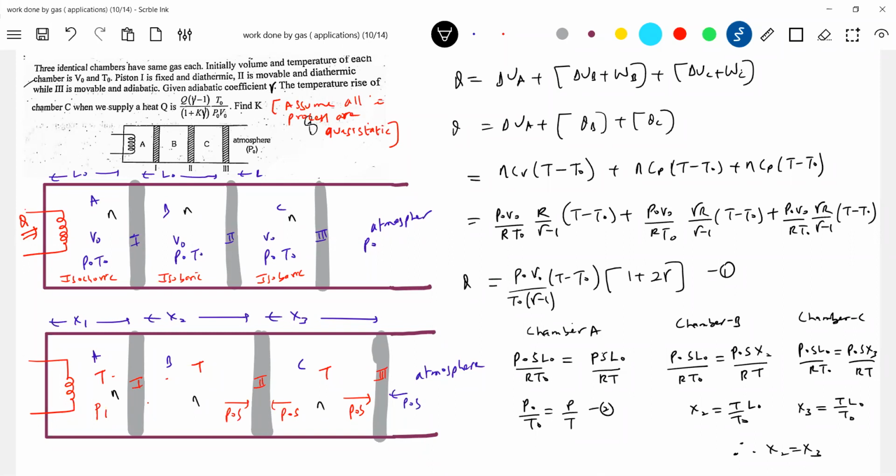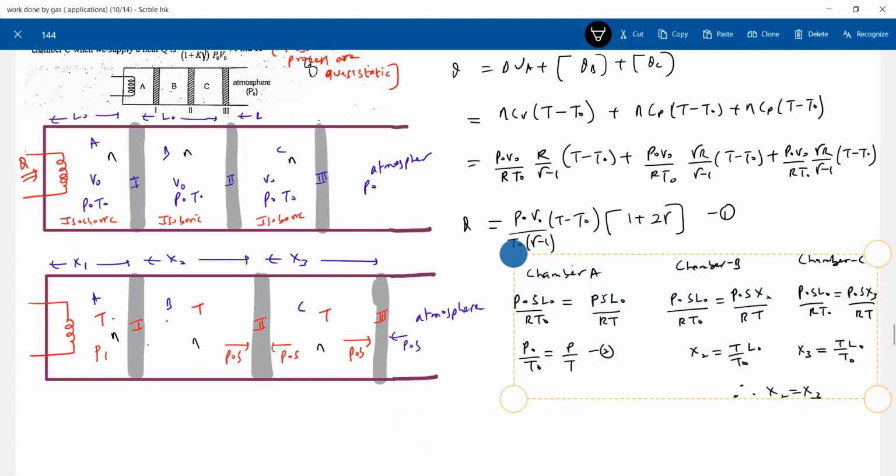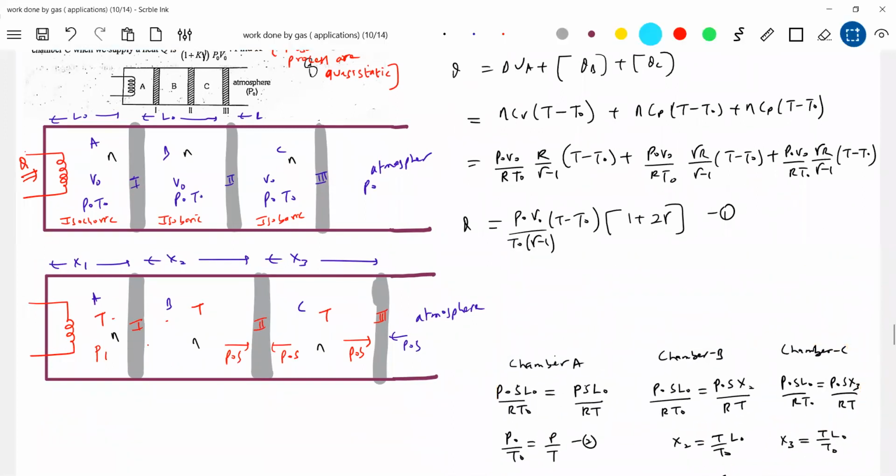I think this only we should rewrite as an expression for that, and we have to simplify this one. Anyway, they may ask you the length of the chamber. That's why I just wanted you to think about this one. We'll do one thing. I'll just push. We'll rewrite this one.